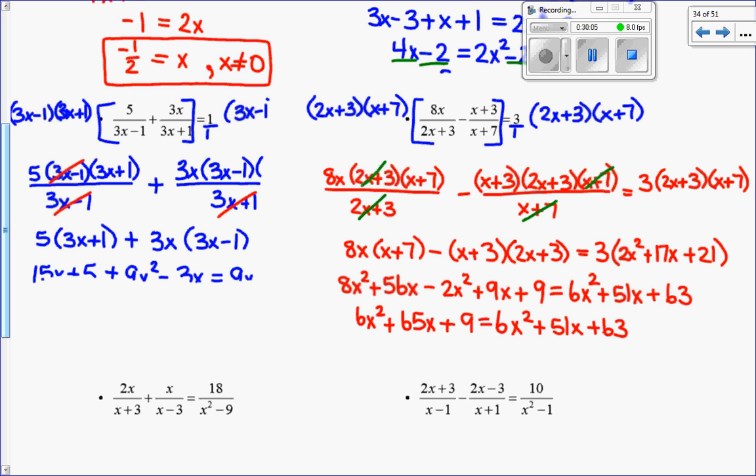Okay, so again, I'm going to subtract 6x squared from this left side, and subtract it from the right side. 6x squared minus 6x squared leaves me with 0, so I don't have any x squared term. I'm going to subtract 51x from the right, subtract 51x from the left, which gives me 14x on the left.